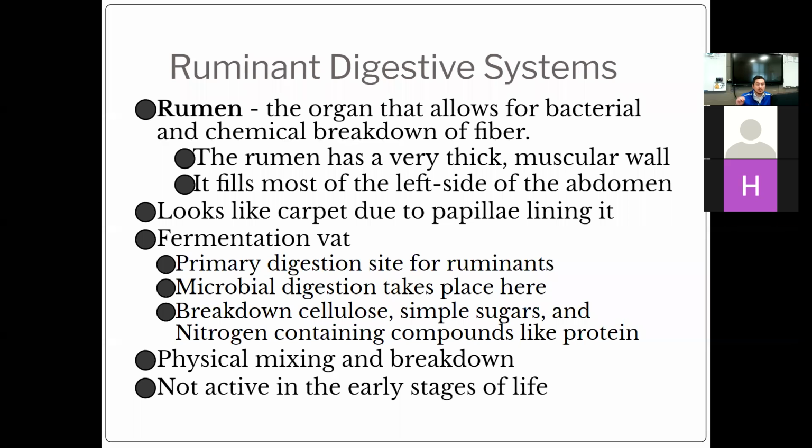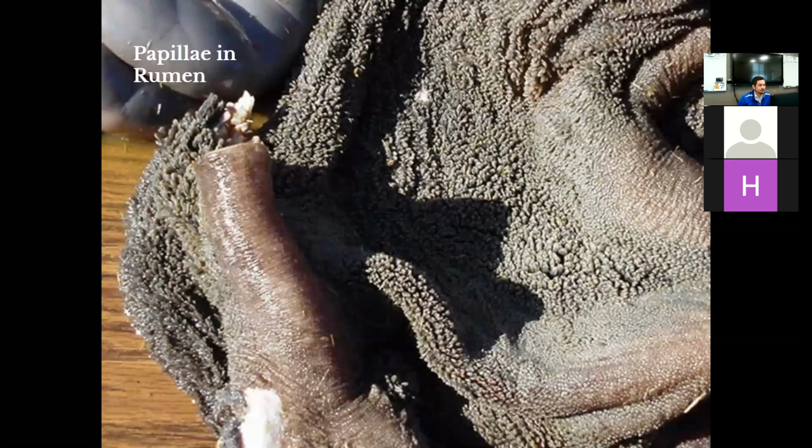You'll see calves mimicking their moms and learning how to eat grass, but they can't digest that when they're super young. Here's a picture of the lining of the rumen. You can see the papillae, little finger-like projections lining that wall, that are absorbing and digesting nutrients that are being fermented in the rumen.